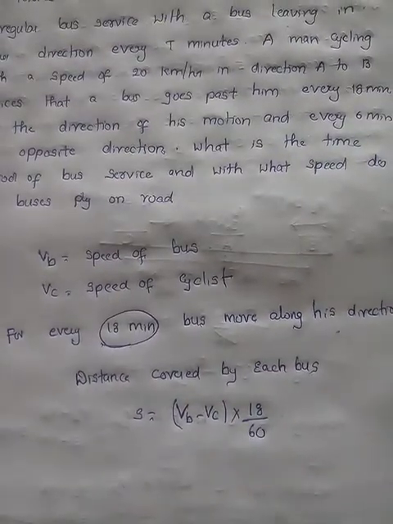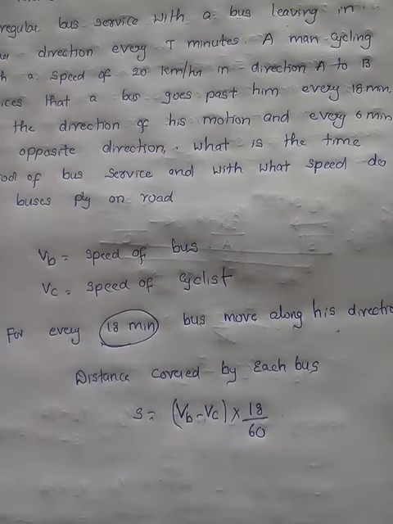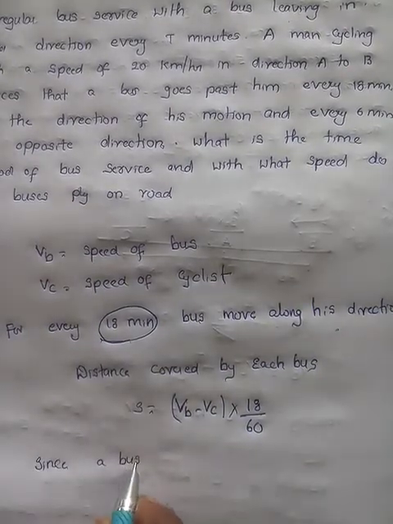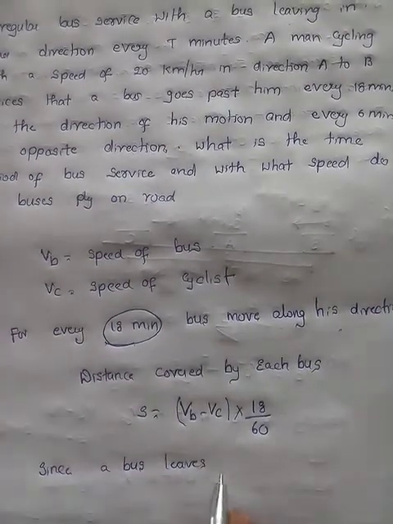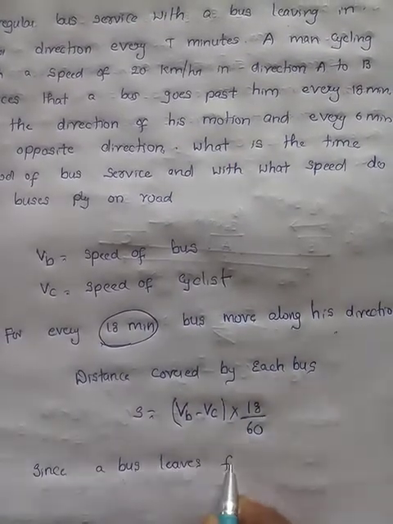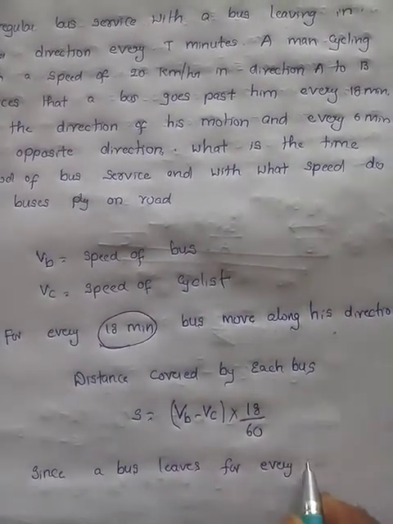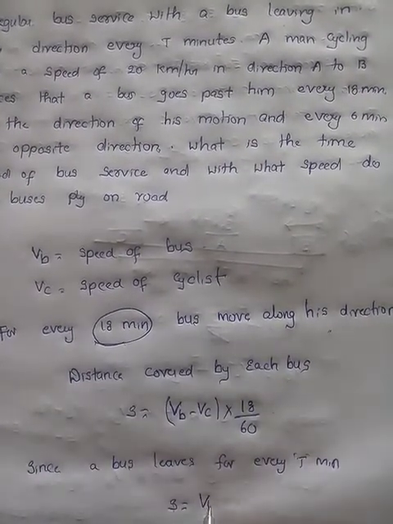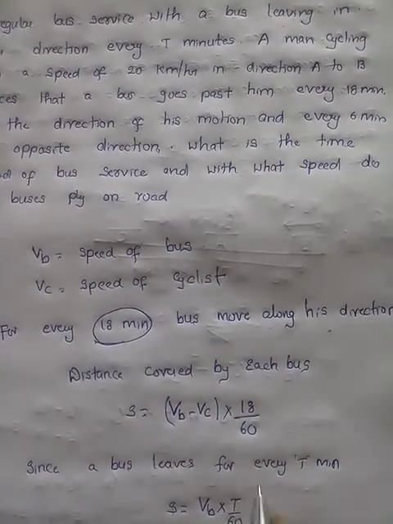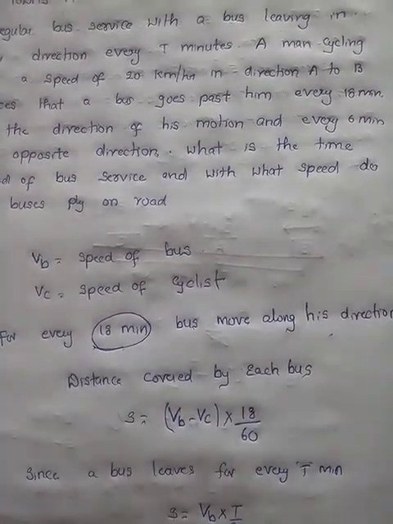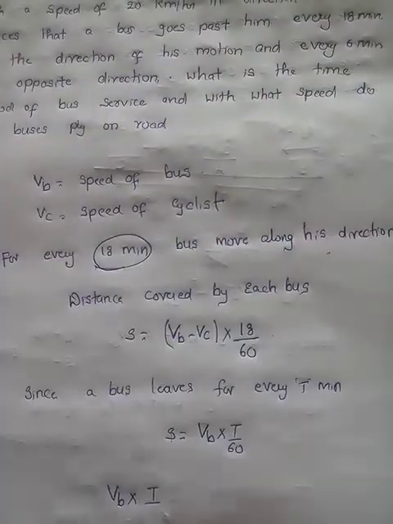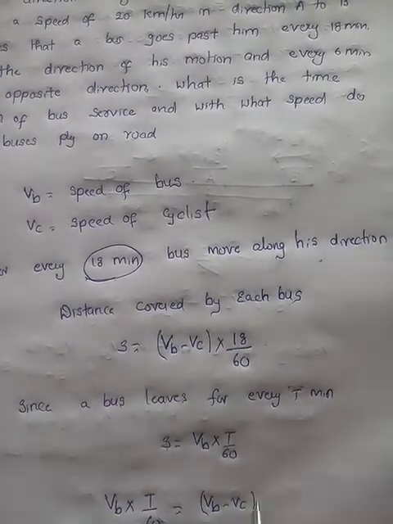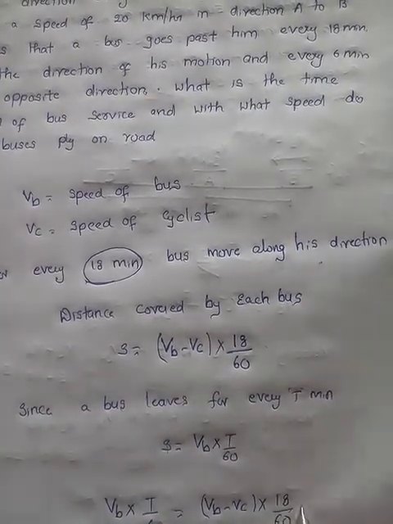Now, since a bus leaves every T minutes, the distance is the velocity of the bus times T by 60. So from these two equations, VB into T by 60 equals VB minus VC into 18 by 60.